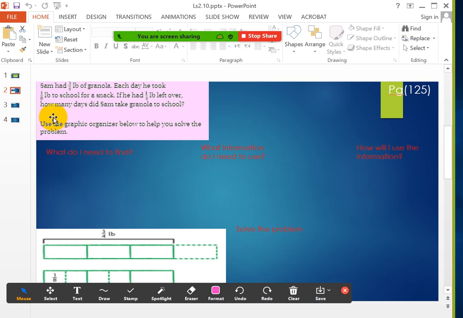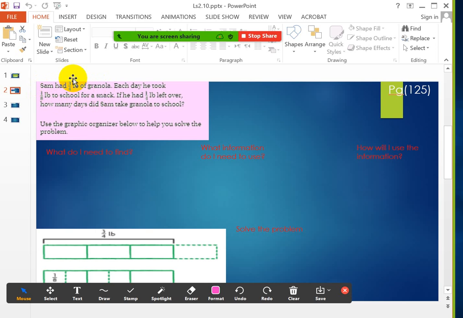So, girls, let's start with the first problem and read it together. Sam had 3/4 lb. You know this LB is a unit for pounds. I think you take it in the science subject. So Sam had 3/4 pounds of granola. You know granola, something like oats. You can take it as a snack in the morning.